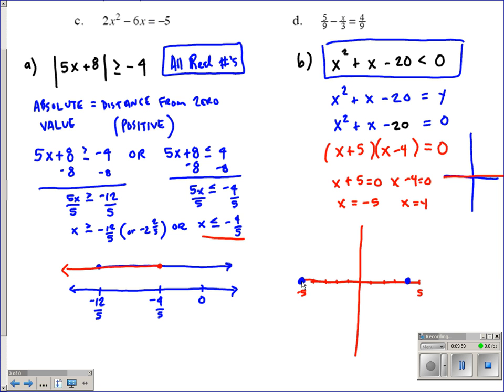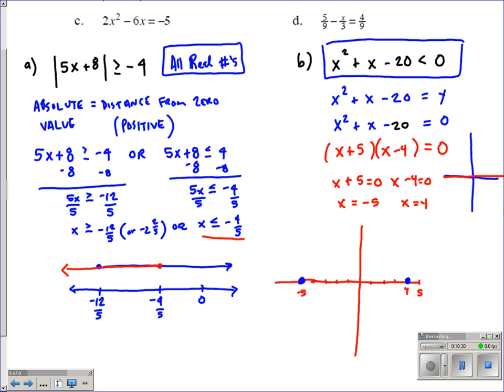I know that negative 5 will make it equal 0, and I know that 4 will make it equal 0. So I have some areas here that I can test out. Let's look at values less than negative 5, values between negative 5 and positive 4, and values greater than 4, and see which section is going to make it true.